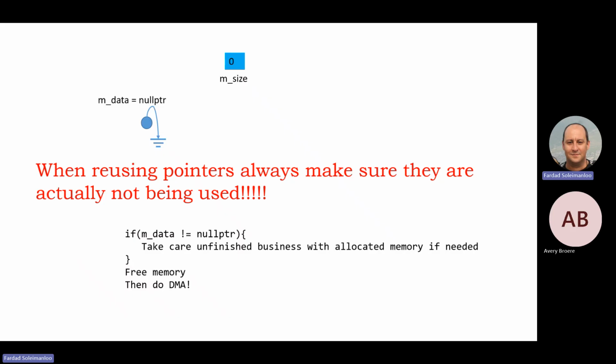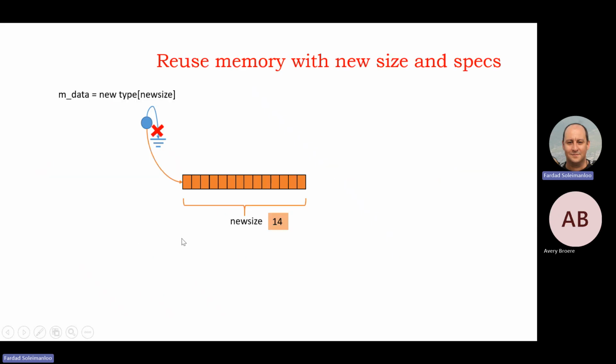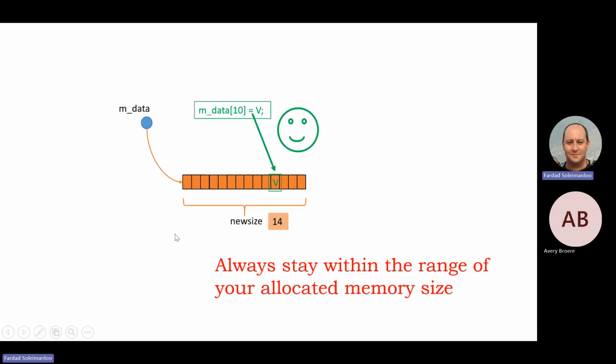If you delete, you don't need to check for null. If it's a null and you're deleting, nothing's going to happen. That if statement is written inside your delete. Okay? But make sure you take care of it before you do it, and then you reuse your memory. Again, always remain within your range and you'll be fine.